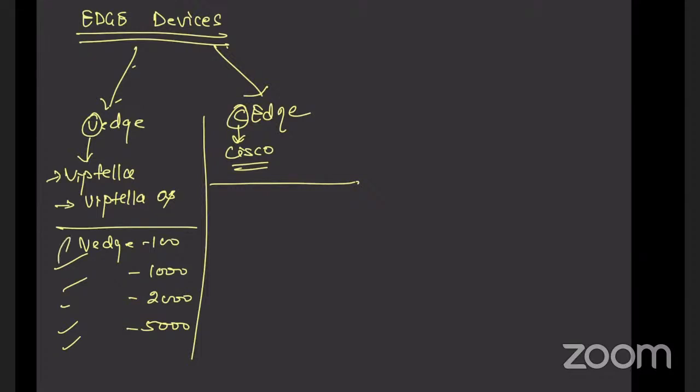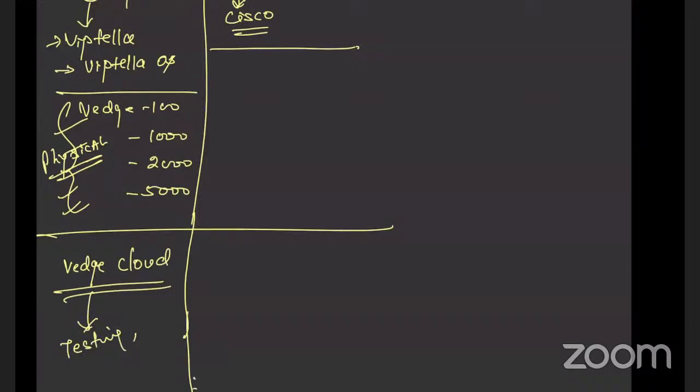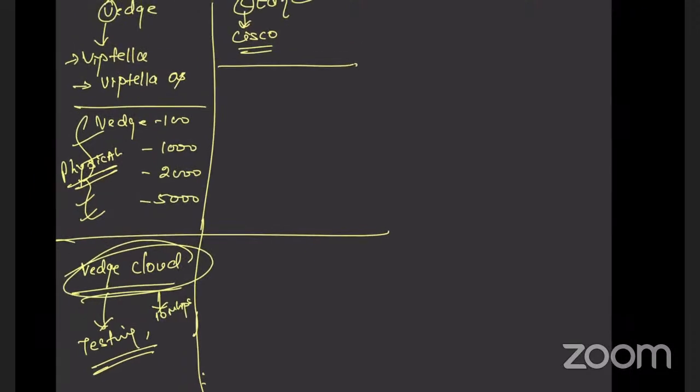Okay, so these all are physical form factor, and then a virtual one is also there, which is known as VH Cloud, but that is only used for testing, experiments and studying purposes, because throughput is only 10 Mbps here. So you will not use it in the production environment. Production edge devices are always physical.